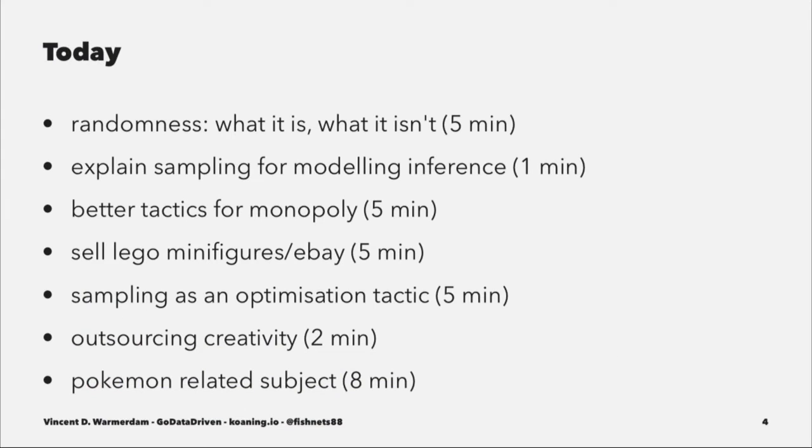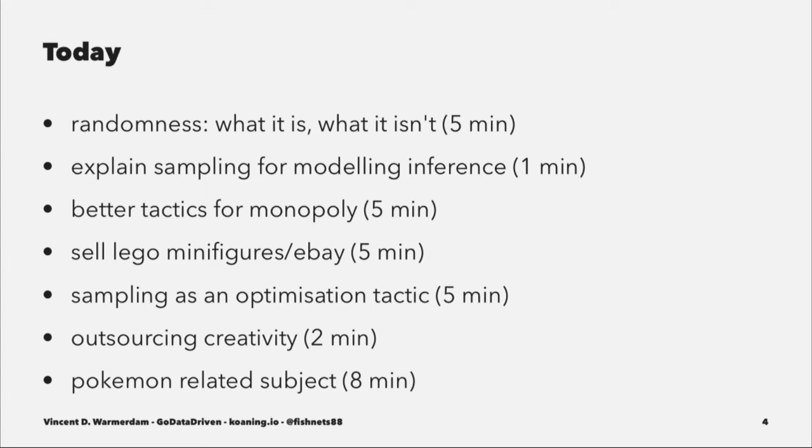My name is Vincent, I'm from Amsterdam, and in the beginning I need you to get out your laptops and go to this one website. While you're doing that, what we're going to discuss today is what randomness is and what it isn't. Then I'm going to explain how sampling can be used to do a bit of inference.